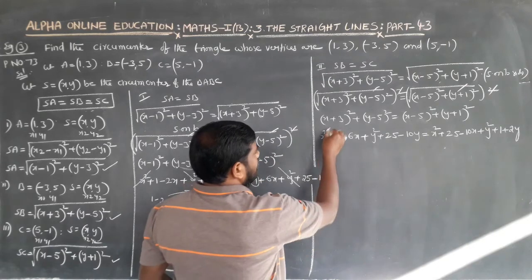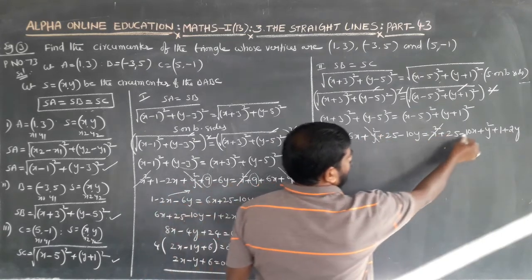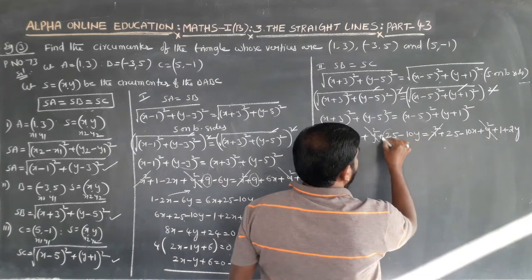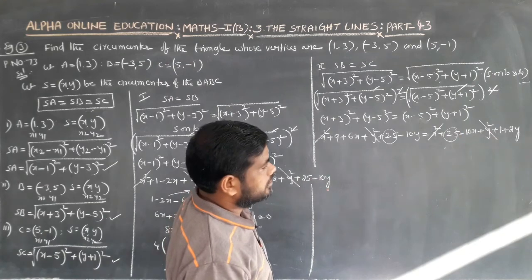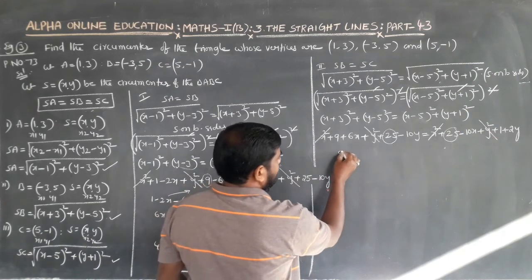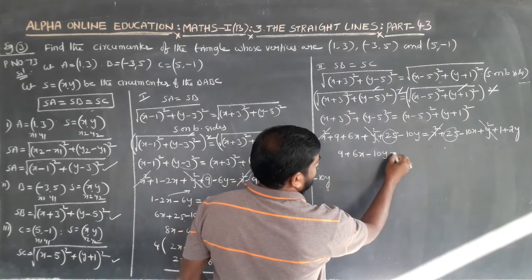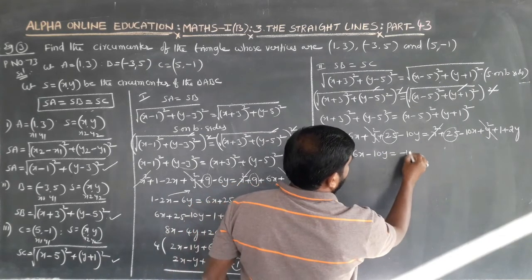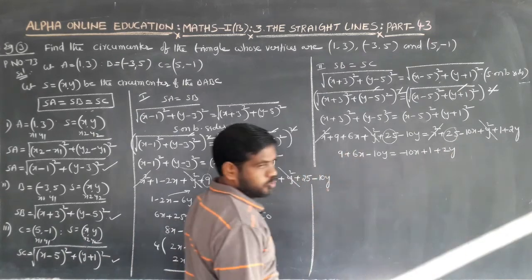Both sides x square gets cancelled, y square gets cancelled, 25 gets cancelled. Remaining value: 9 plus 6x minus 10y is equal to minus 10x plus 1 plus 2y.